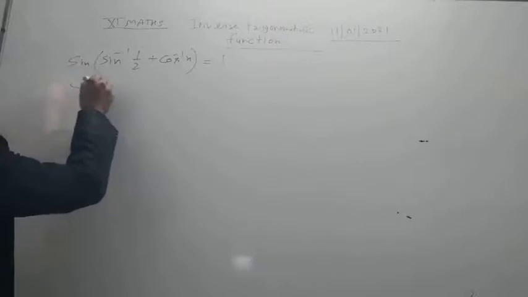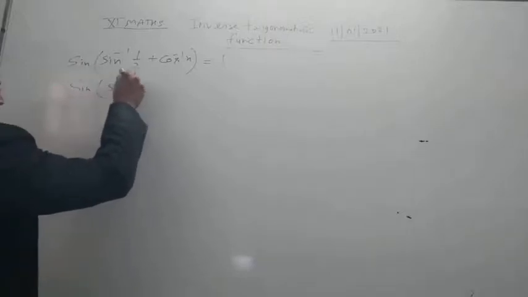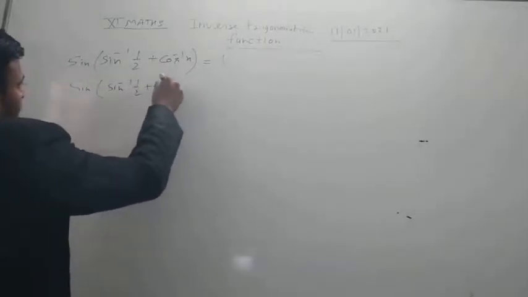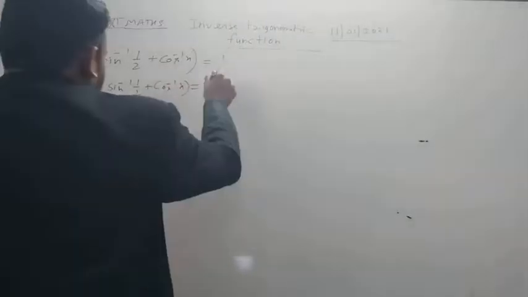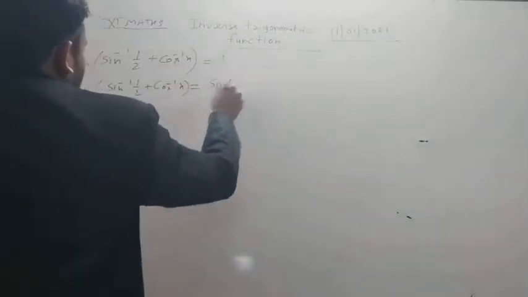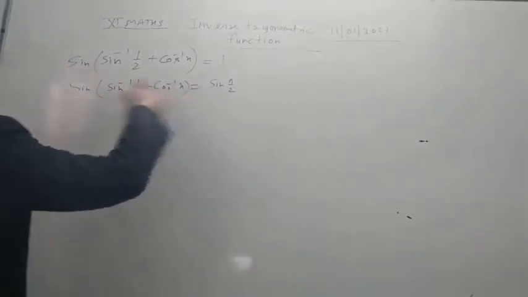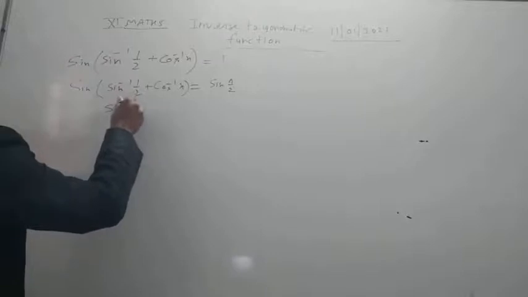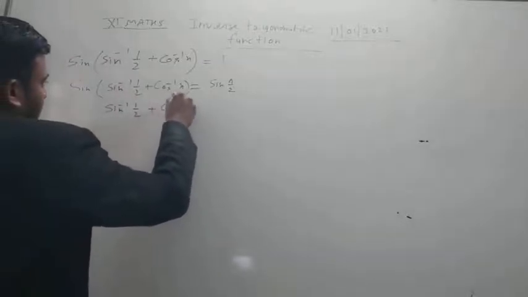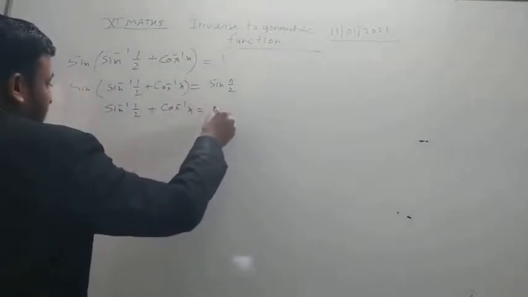So this is sin of sin inverse 1 by 2 plus cos inverse x, and we can write 1 as sin pi by 2, and sin is here, so sin and sin will cancel. So sin inverse 1 by 2 plus cos inverse x is pi by 2.